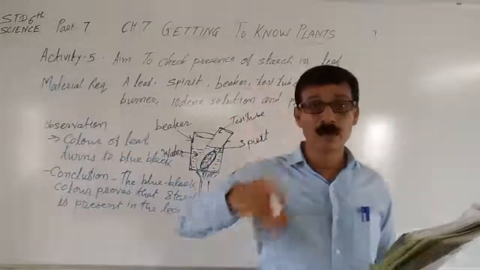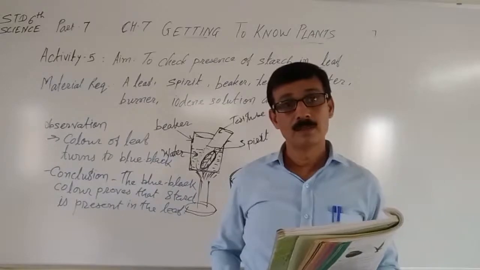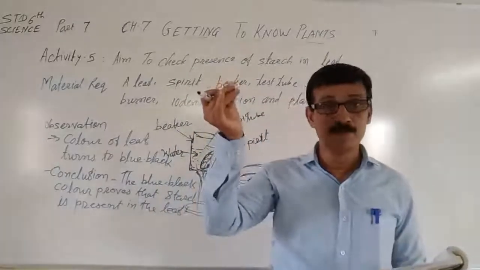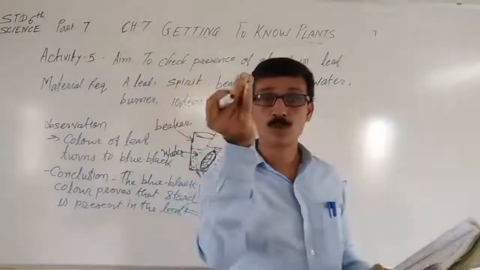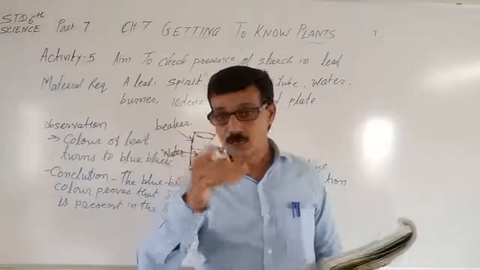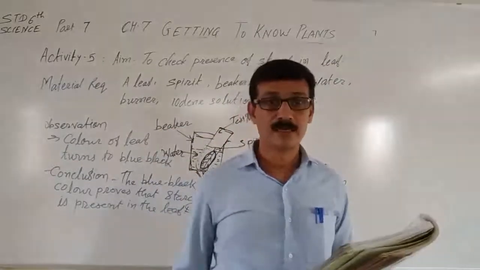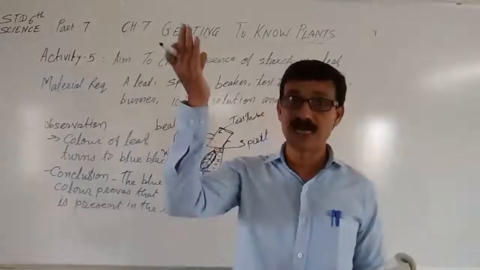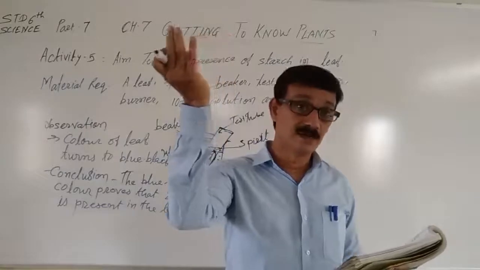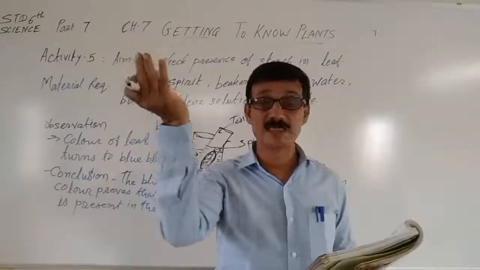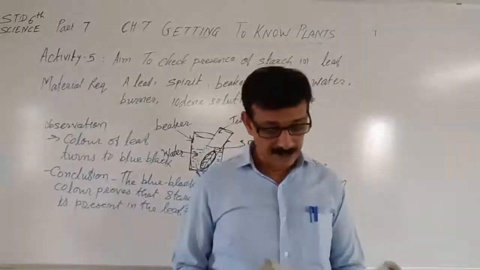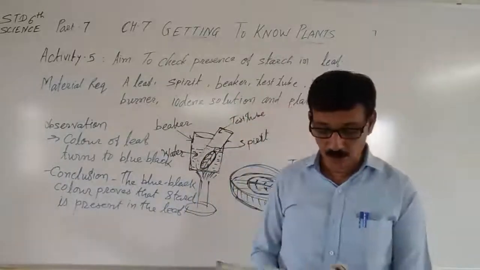And how does it come to the potato? After preparing the food, it is sent through the stem. Actually, the potato is also a stem, but it grows in the soil. So the food, that means carbohydrate or starch, from the leaves is sent to the stem in the potato, and this happens in potato plants.